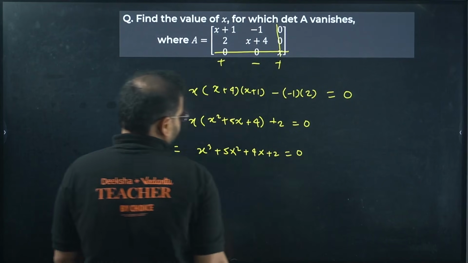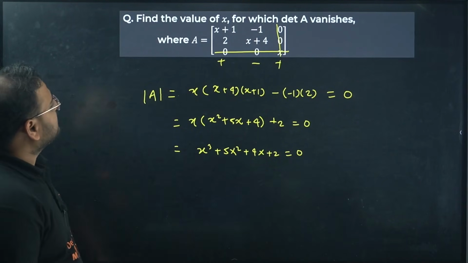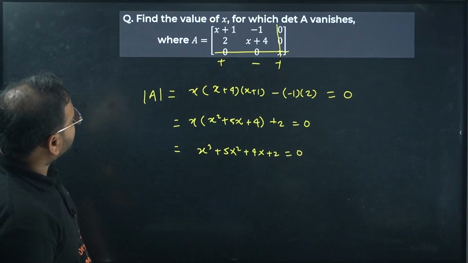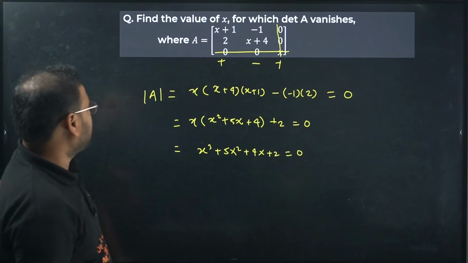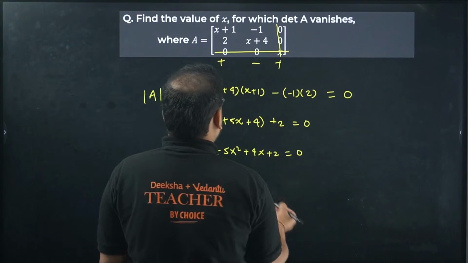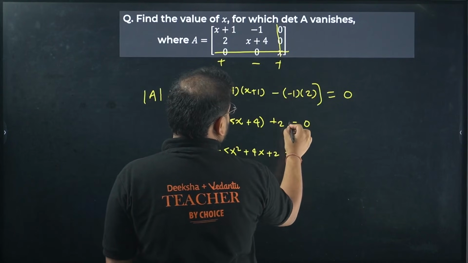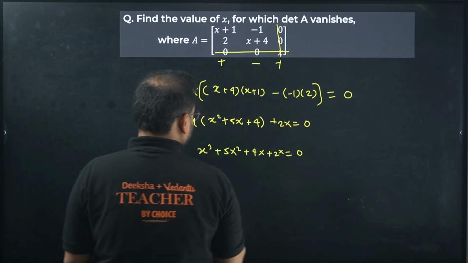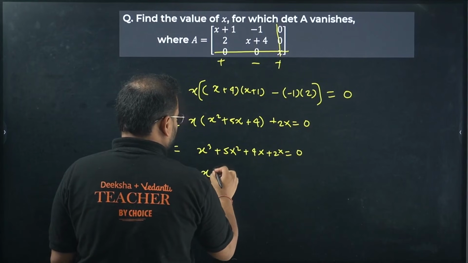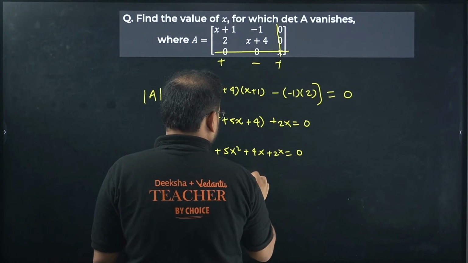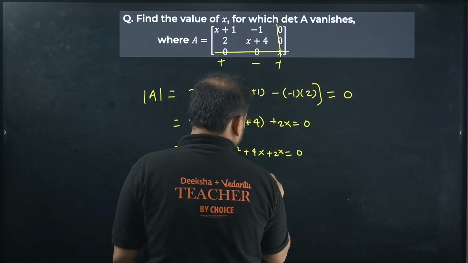So far so good. x plus 1, x plus 4 makes sense. Sorry, I forgot to write that: x is multiplied to both of these, not just this element. So you'll get here 2x, my bad. You'll get x cube plus 5x square, and over here 6x.